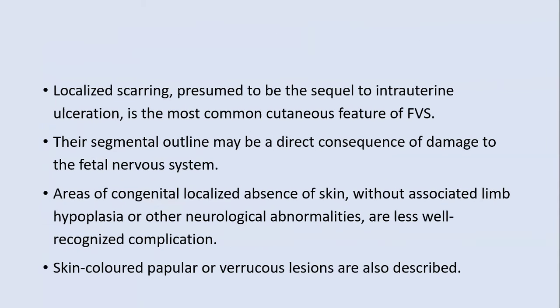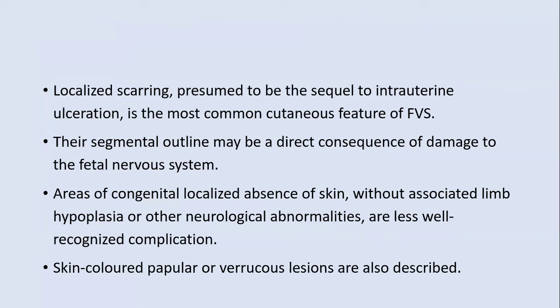Localized scarring is presumed to be a sequel to intrauterine ulceration, which is one of the most common cutaneous features of fetal varicella syndrome. The segmental outline is a direct consequence of damage to the fetal nervous system.